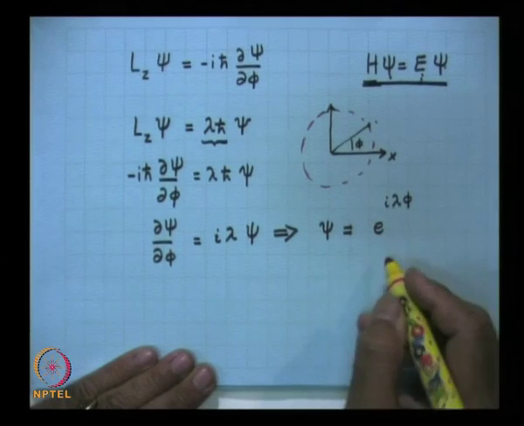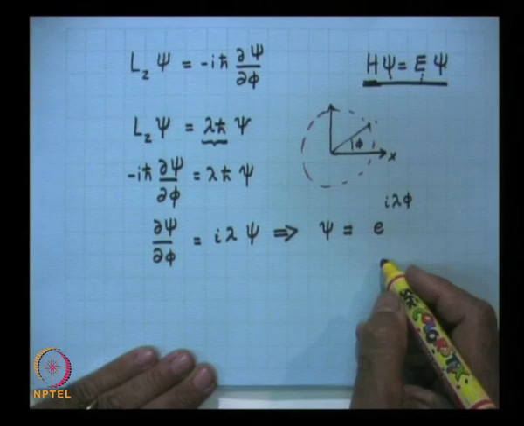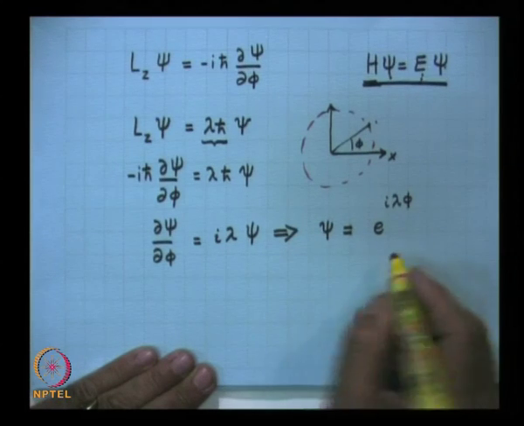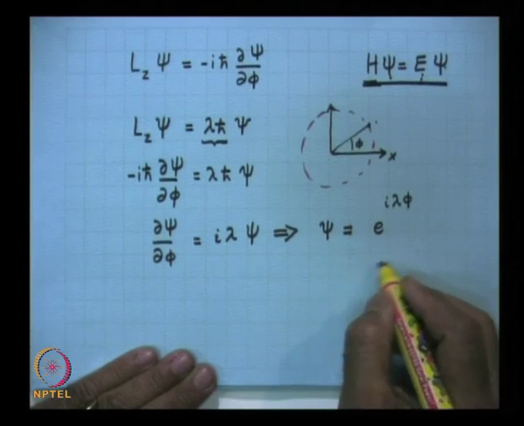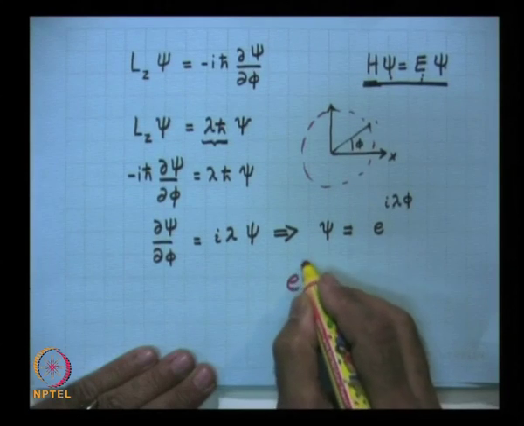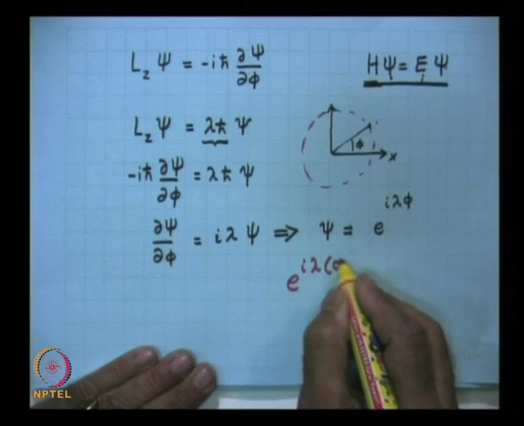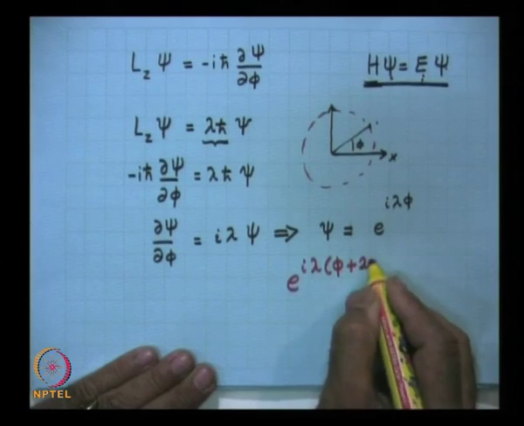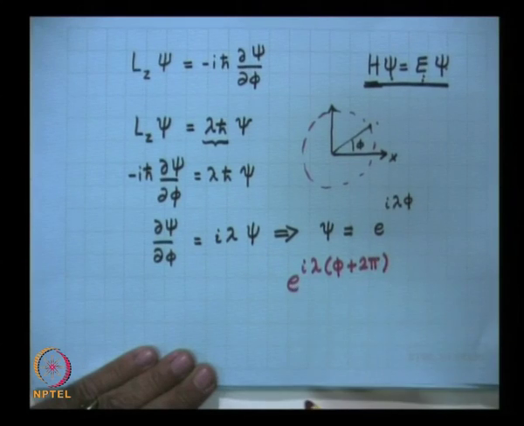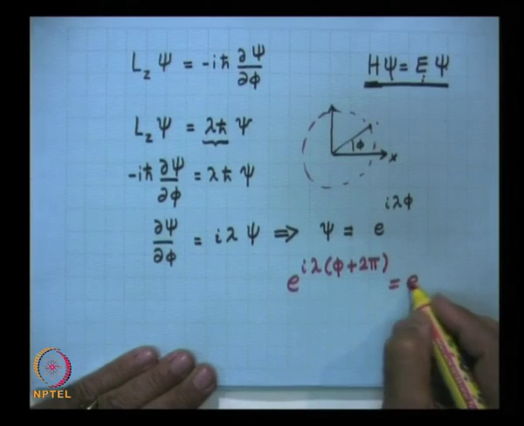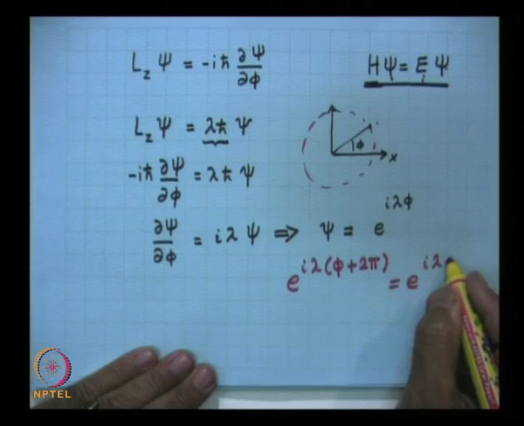So, therefore, e to the power of i lambda (phi plus 2 pi) must be equal to e to the power of i lambda phi.